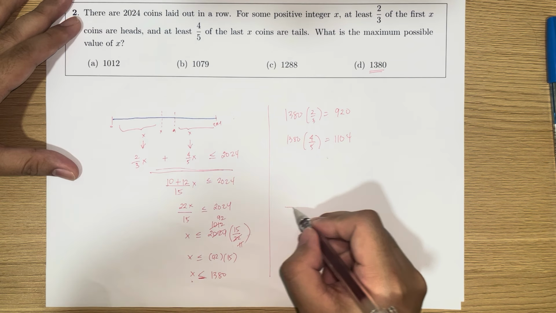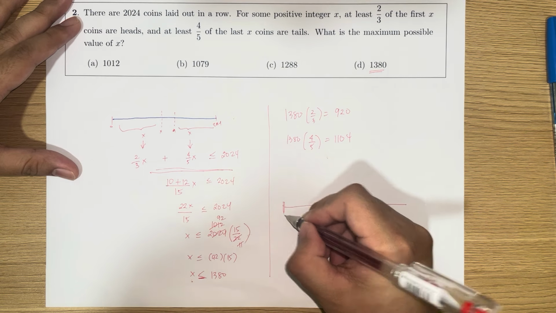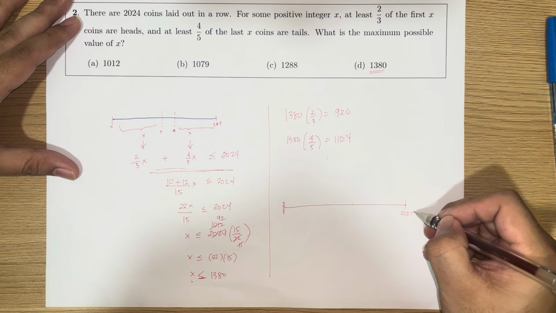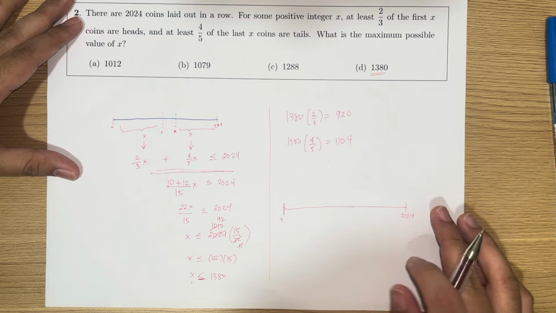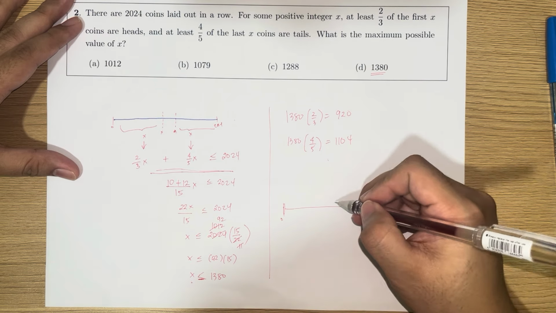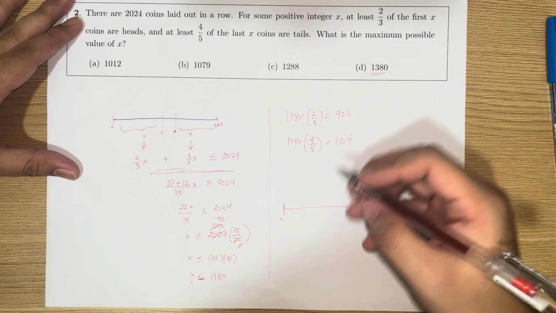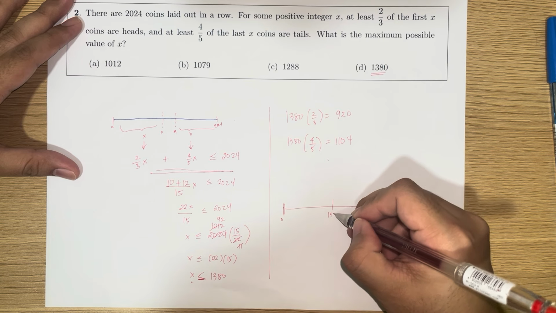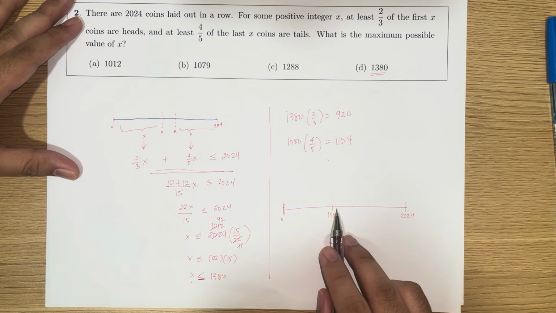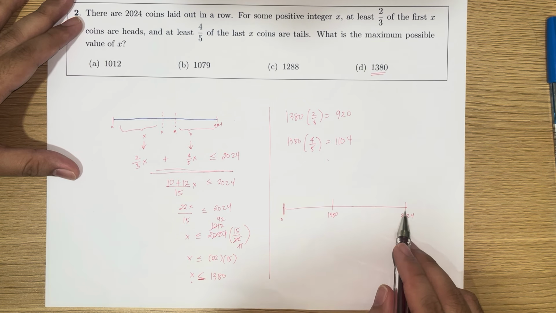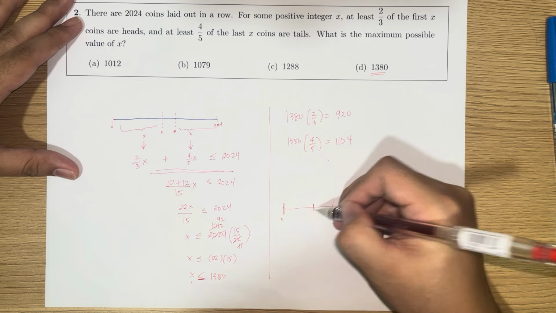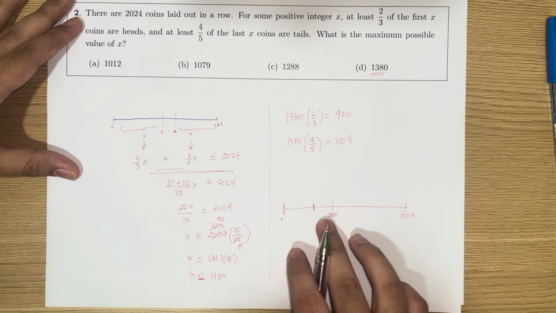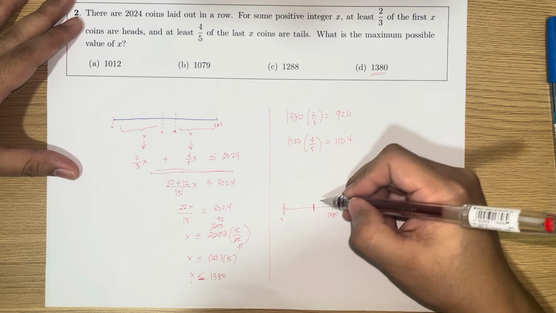So if we lay out the coins, these are, let's say, 2024 coins from the 0 count to the 2024. So you have here 1380, and if you go back to find 1380 from here, you will be somewhere here. This is not drawn to scale, by the way, sorry.